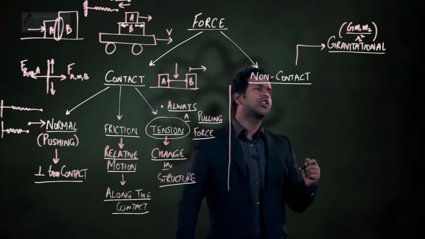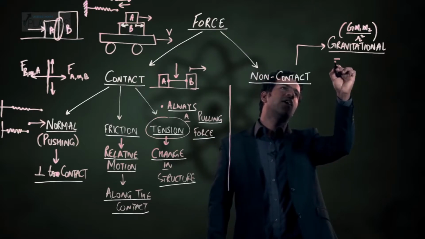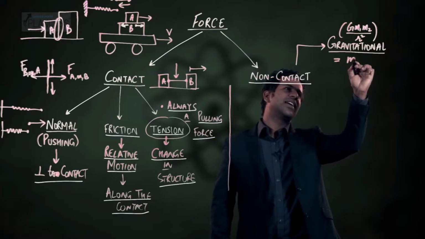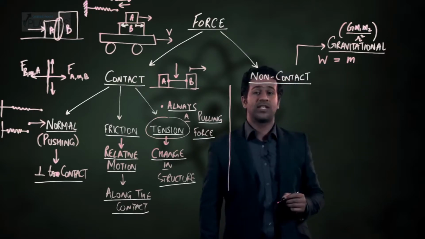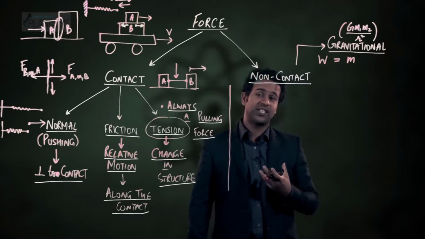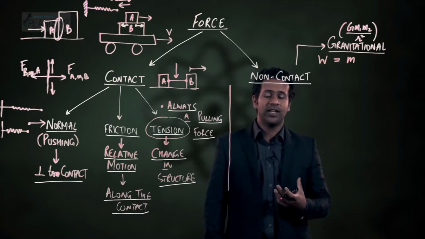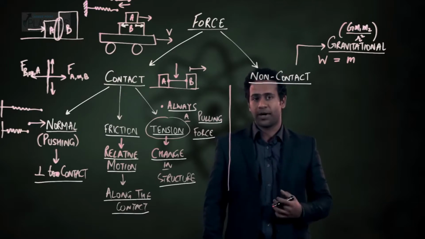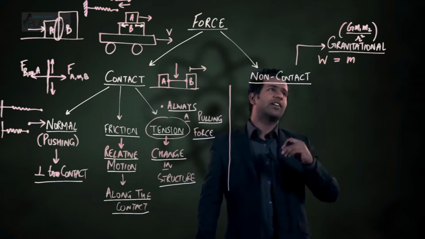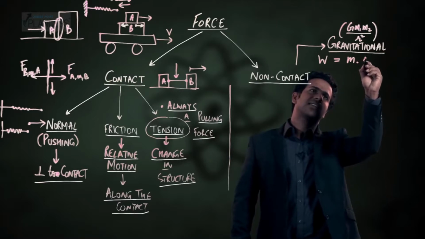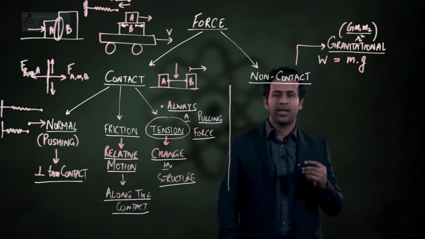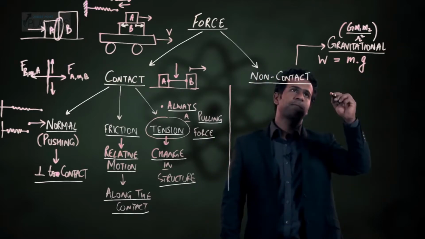Right. Also, we saw that for any body on earth, we can write its weight, which is the force which earth exerts. So weight of the body is the force with which earth pulls that body. So the weight of the body can be written as mass times the acceleration due to gravity on the surface of earth.